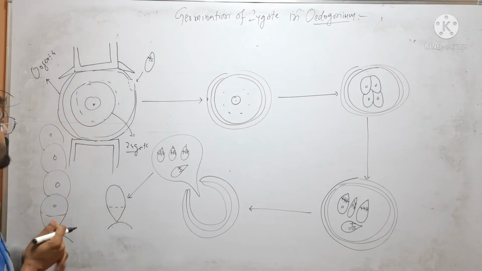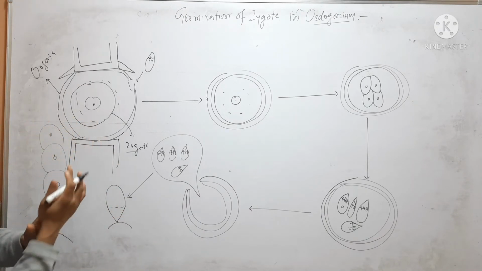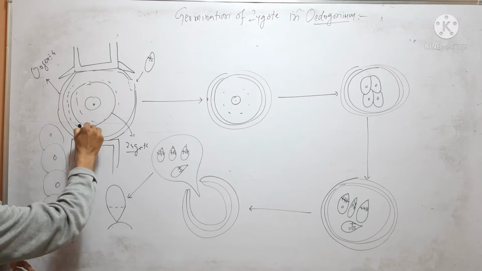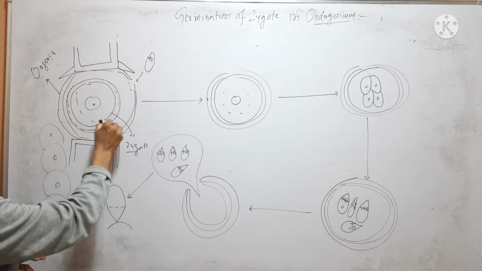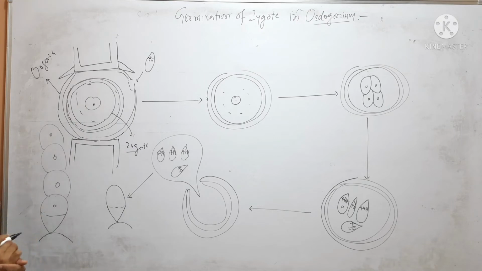So after fertilization, this zygote first secretes a thick wall around itself.